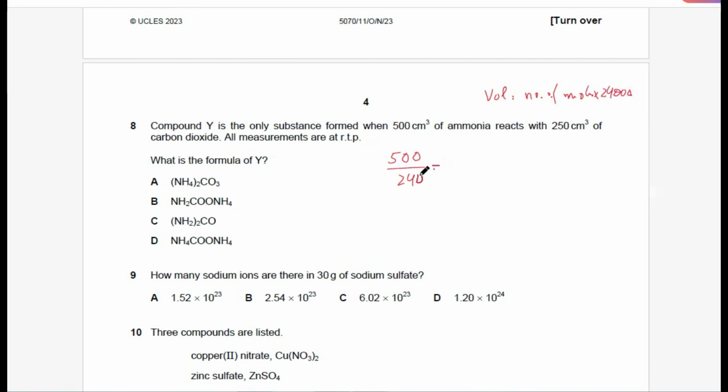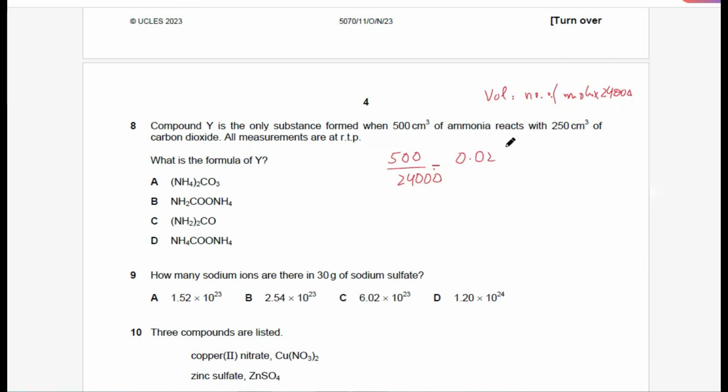So for number of moles, just divide 500 by 24,000. If I just calculate, it's 500 divided by 24,000. So it is 0.02 moles.